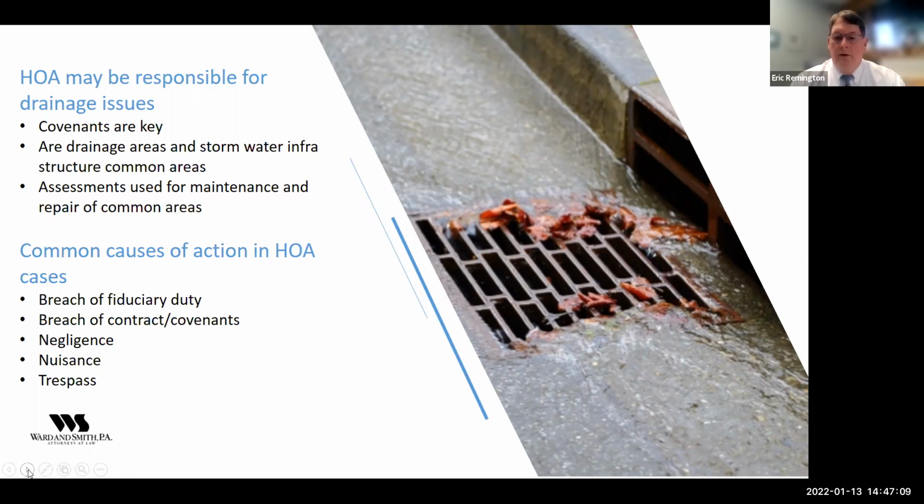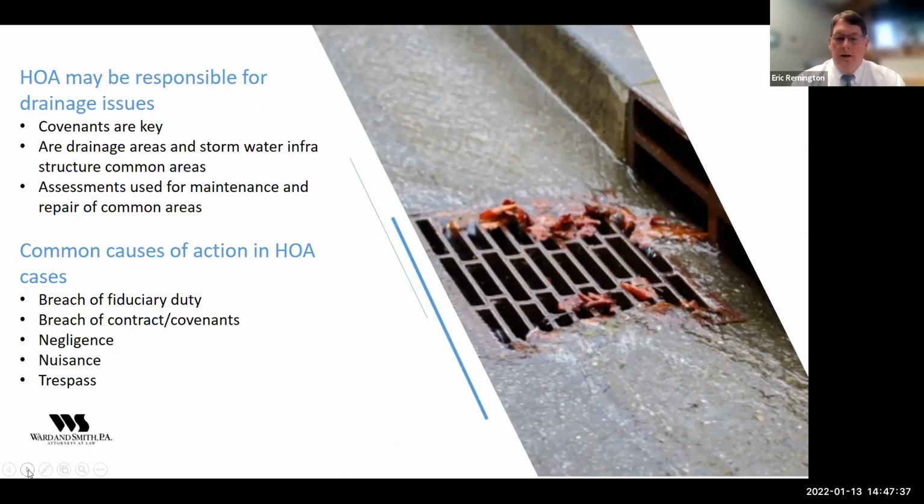I've had a community where there was a golf course in the community, and the golf course owner, which was a private company, was basically responsible for a lot of the drainage areas within the community because the developer who sold the golf course to the private company had never transferred the drainage areas to the HOA.